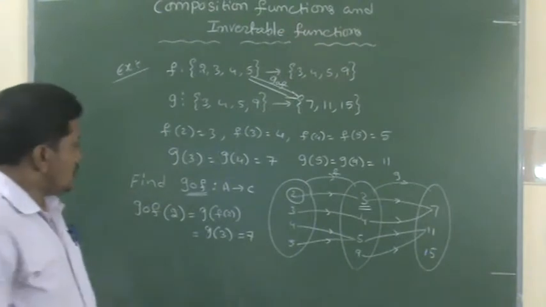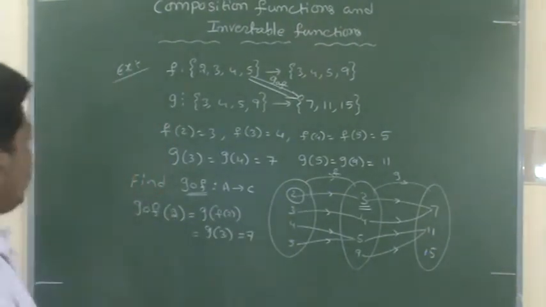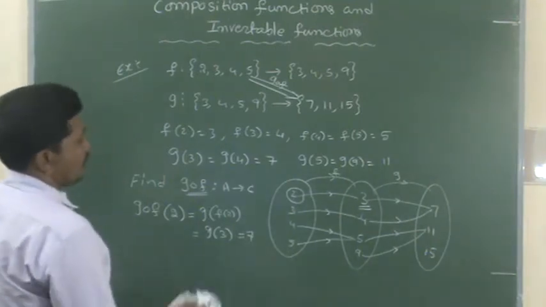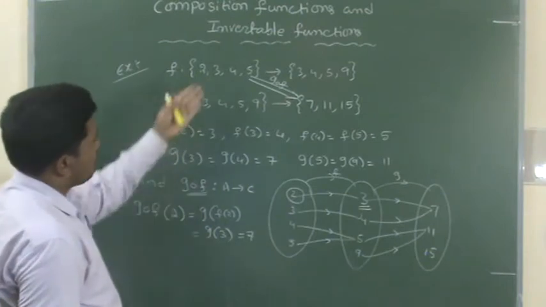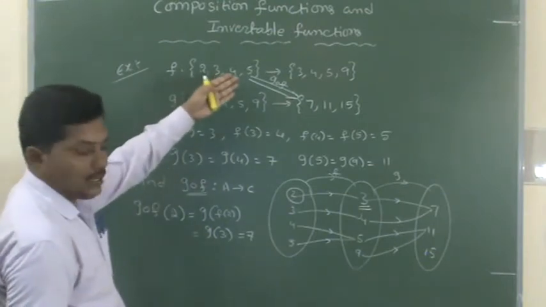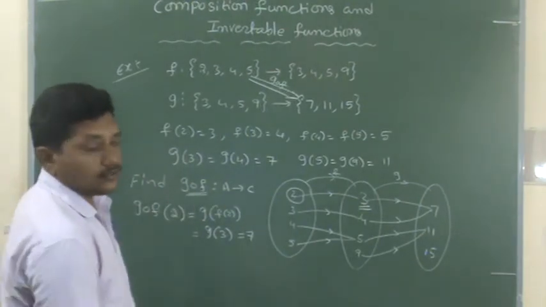Now I want to check all 4 elements. Please note down up to here. G circle f of 2 is already calculated; G circle f of 3, 4 and 5 remain. Then my mapping is closed.